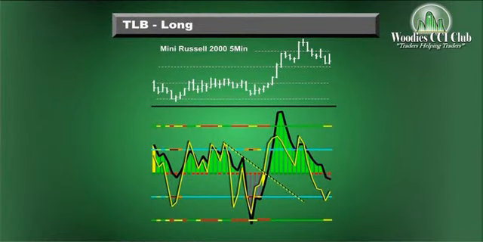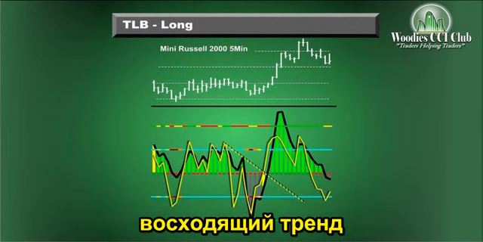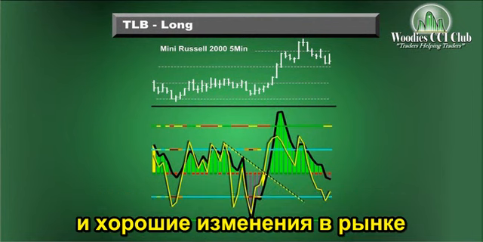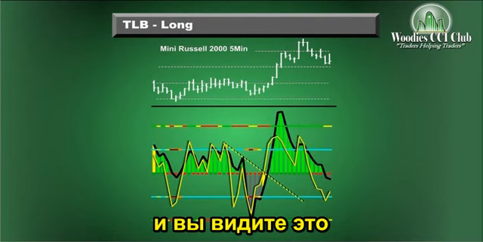You'll notice here we've got a Russell 5-minute chart. We had an uptrend and kind of a sideways type market as well. Not really any conviction in the market, and you can see that.